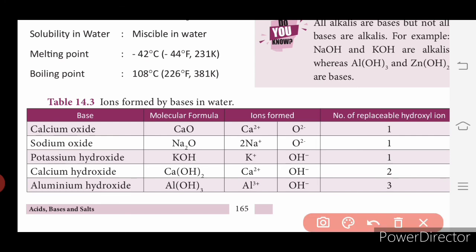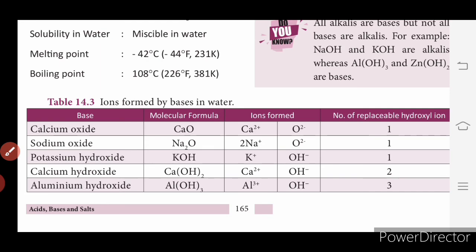In calcium, sodium and potassium oxides only one replaceable hydrogen atom is there, whereas in calcium hydroxide there are two, and in aluminum hydroxide there are three.